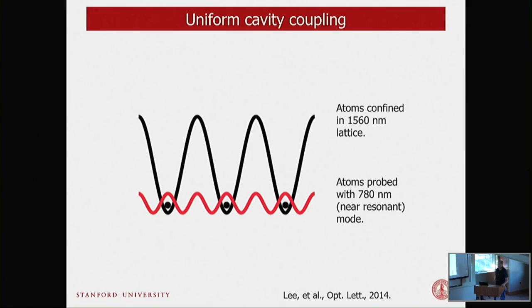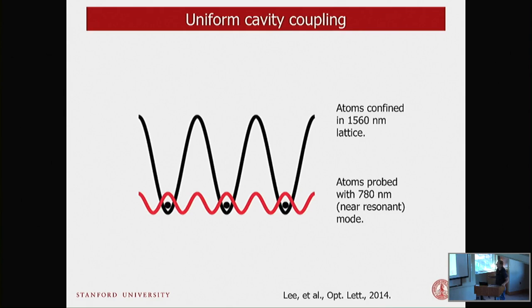But it turns out that in order for these systems to work, it's beneficial to be able to prepare the state in such a way that each atom is coupled to the cavity, that is, experiences essentially the same index of refraction contribution to the collective readout, coupled to the cavity in a highly uniform way. And so in our experiment, to enforce that uniformity, we confined atoms to a far-detuned optical lattice at 1560 nanometers, which is nearly perfectly registered with the 780 nanometer lattice, which was doing the QND readout.